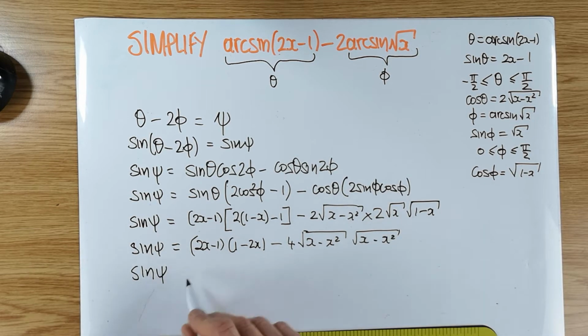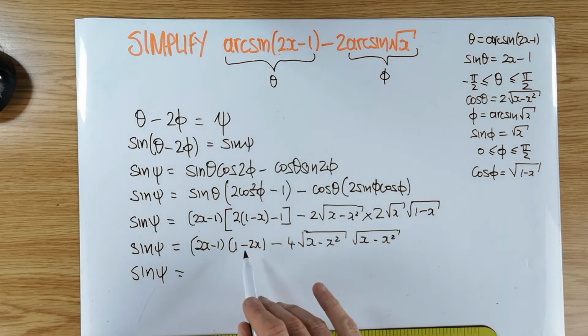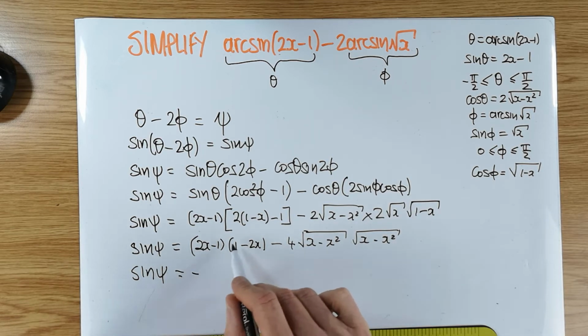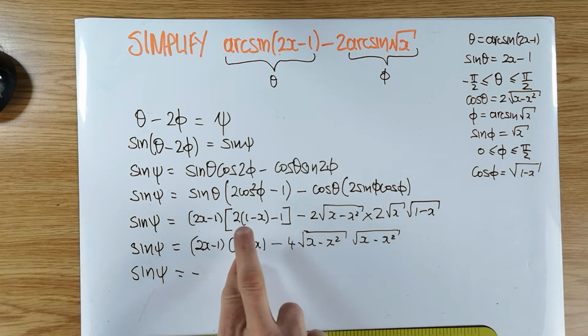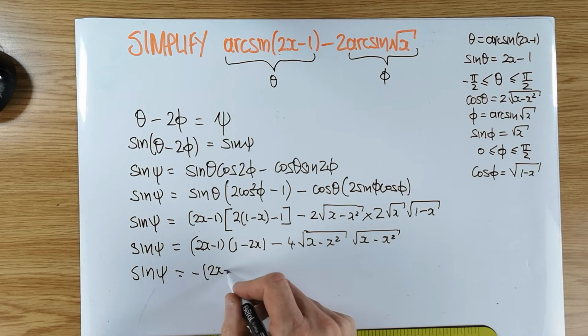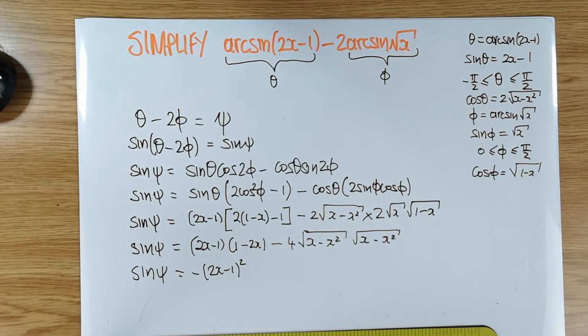The sine of psi is equal to, I'm doing two things at once. We're in enrichment now, so hopefully I don't have to show all the workings. All I'm doing is pulling out of this particular bracket a minus to go at the front, and at the same time that will now swap into a 2x minus 1, so I can write it as 2x minus 1 all squared.